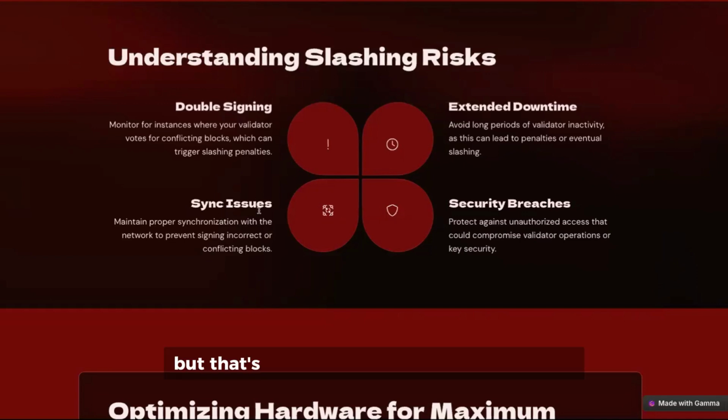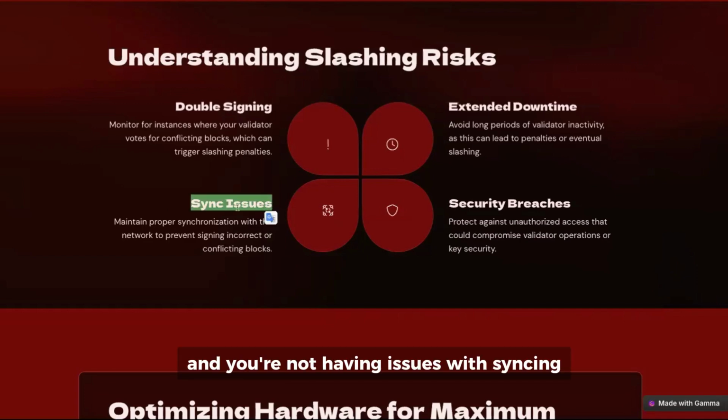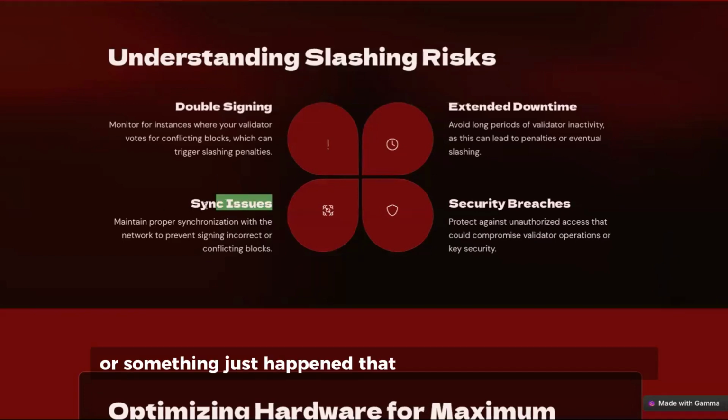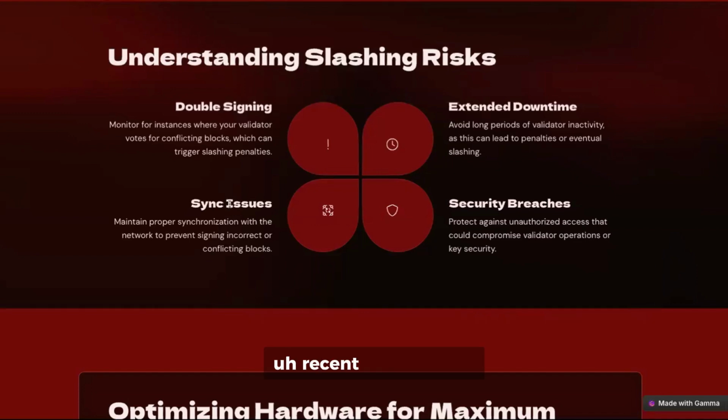But that's just around the syncing part. Most times, if your node is already synced into the network and you're not having issues with syncing, either your network went down or something happened that made you not catch up with recent transactions.